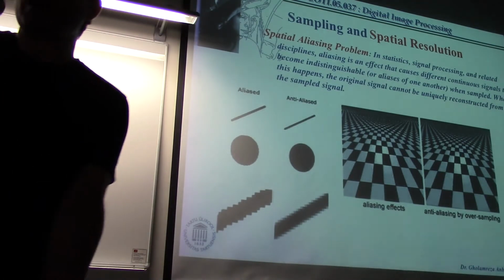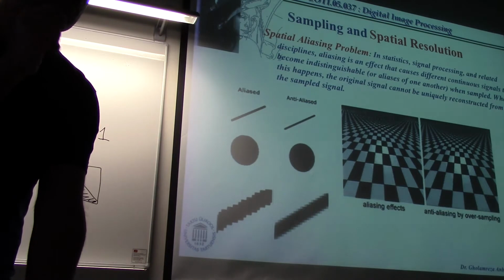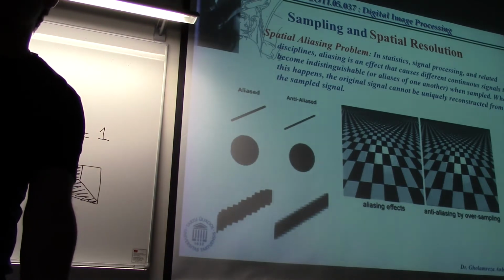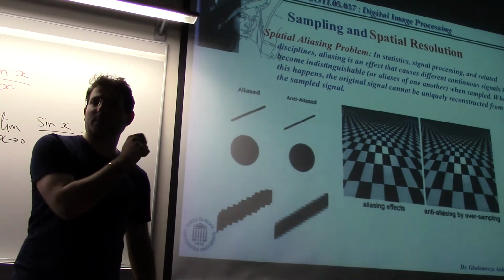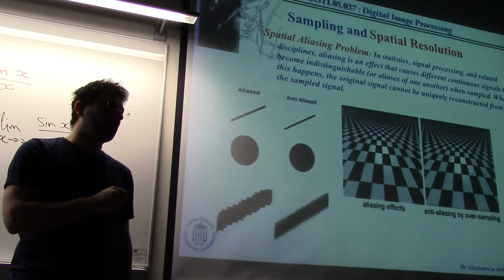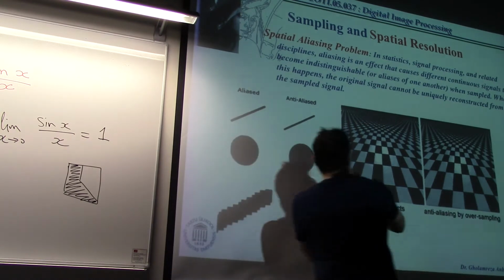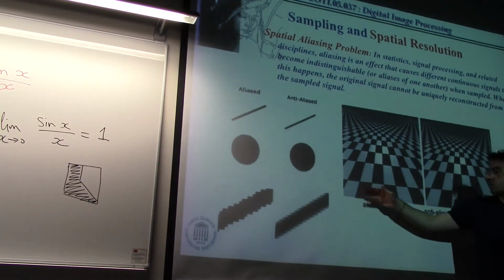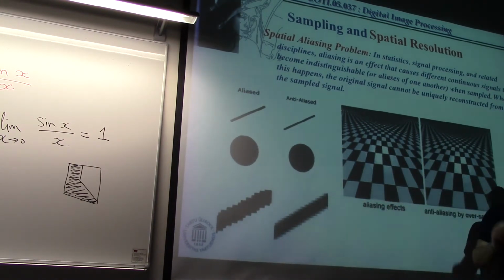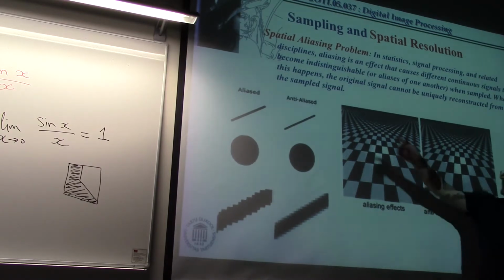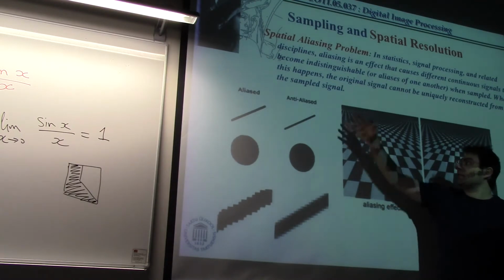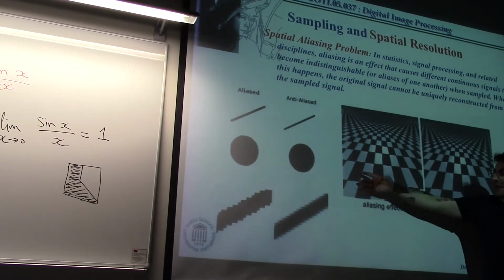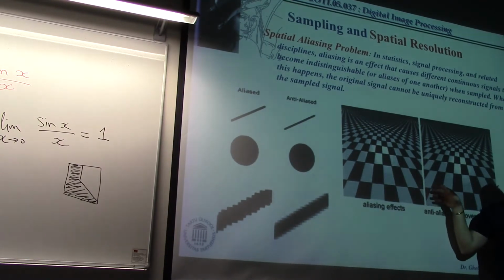So if you have lots of quick changes, it means you have high frequency. And if you have fewer changes or very slow changes, it means we have low frequencies. If you compare here, in one row we have 1, 2, 3, 4, 5, 6, 7, let's say 8 changes. But if you come here, in one row maybe we have, I don't know, 40 changes. So it means that here we have higher frequency than in here, right?